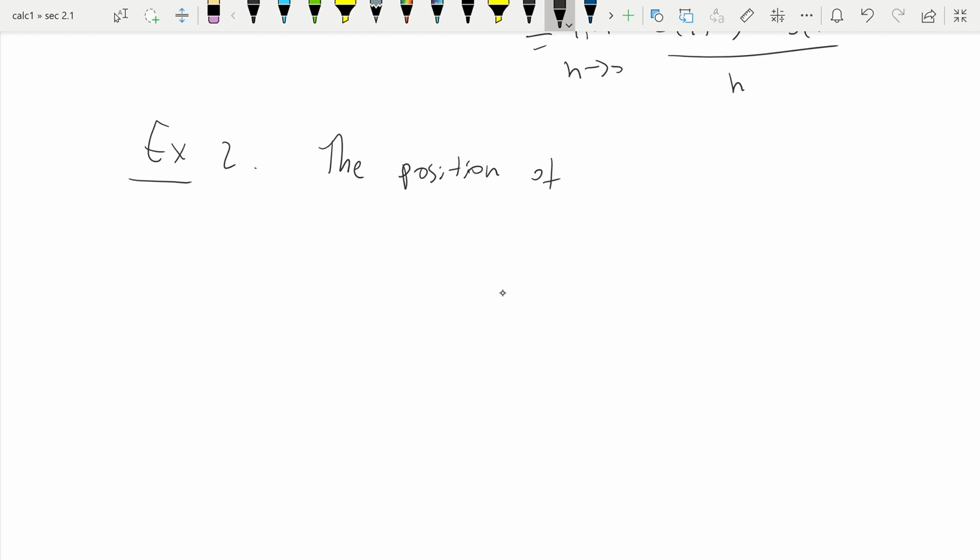So let's consider another quadratic, based on the position of a particle.